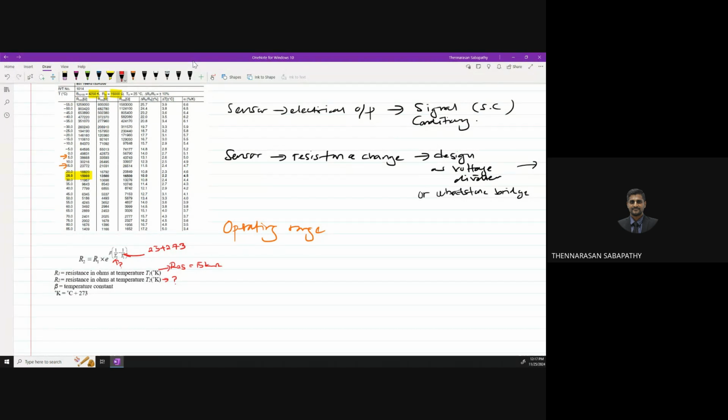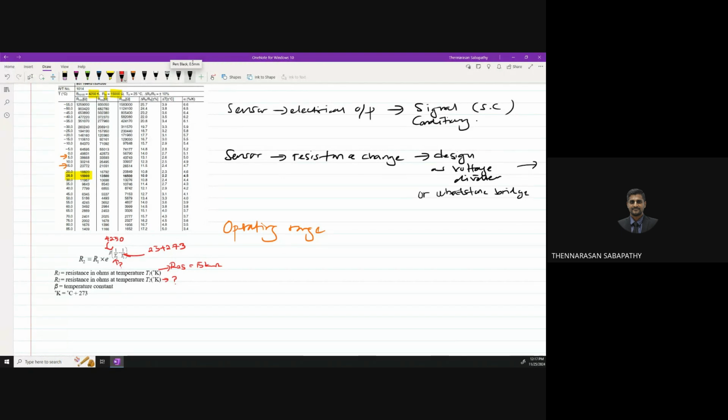Beta is 4250. Everything is known, so we can calculate the resistance for any temperature using this equation. Even if they didn't give the data sheet, it is okay as long as you have this information, which is sufficient.